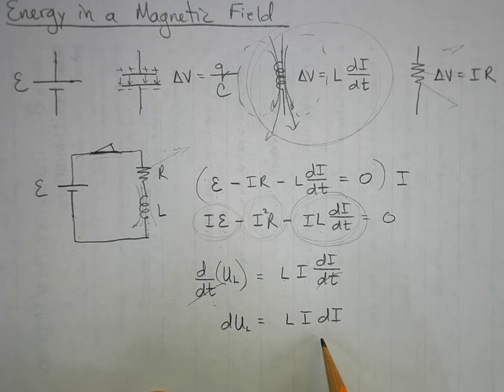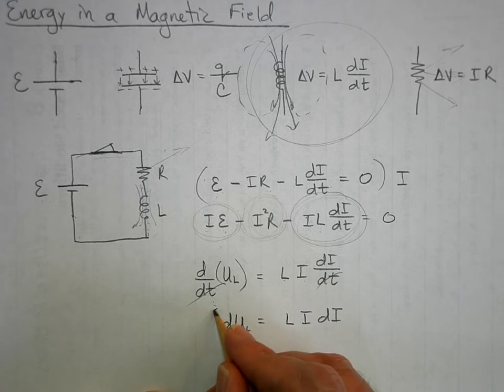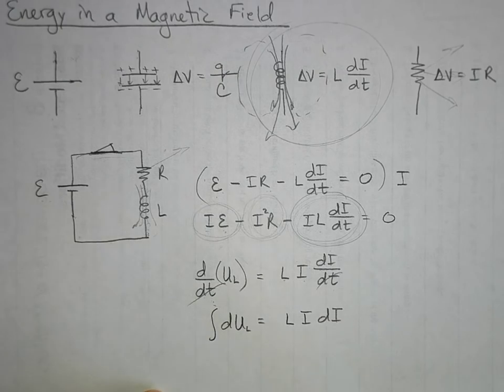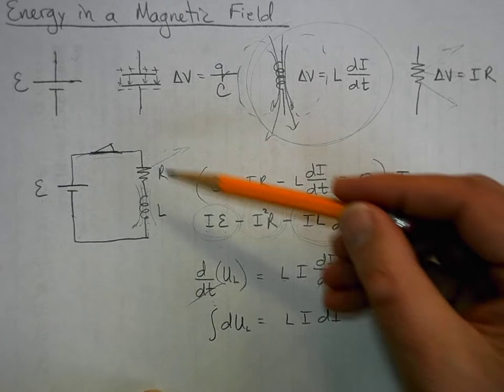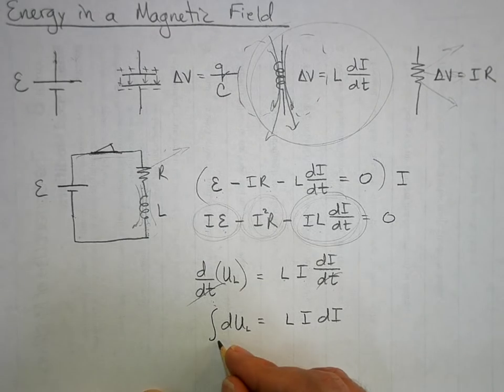Let me zoom out a little bit. And so now what I want to do is integrate both sides. Let's say at time t equals 0, there is no current, there's nothing, and some initial U, which will be 0. So U final minus U initial, right? That's what this turns into.